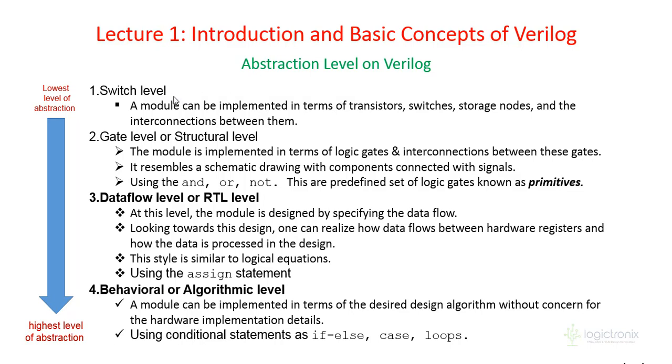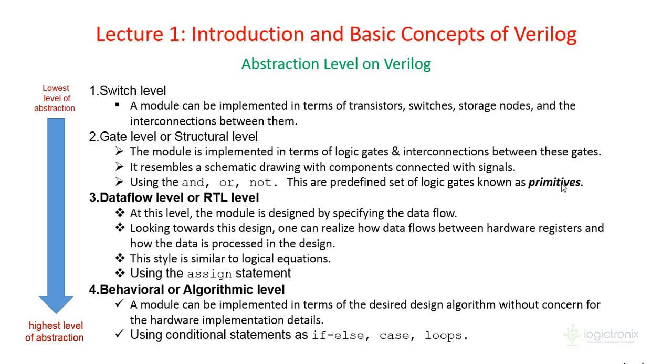Switch level is implementing the design on transistors, switches, nodes and interconnections, and this is not much used or talked about. The second one is gate level or structural level. Gate level uses different entities and modules, and its main foundation is the logic gates or logical primitives.